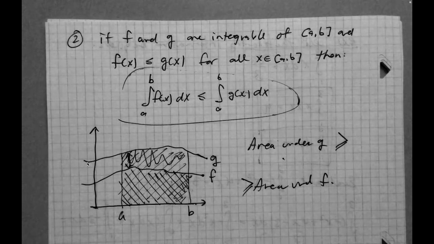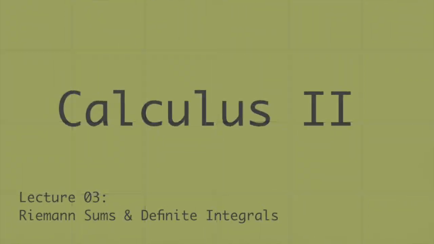Okay, so that is it for this section. Now we covered a lot of material here. We talked about the Riemann sums and the definite integrals, defined both of them in one go. And next time we'll get into something called the fundamental theorem of calculus. And from there it will be off to the races regarding integrals, and we will figure out how to evaluate integrals, both definite and indefinite, using a variety of techniques.